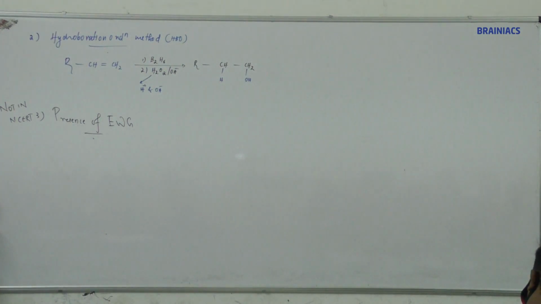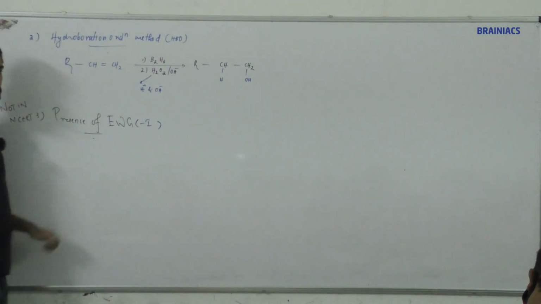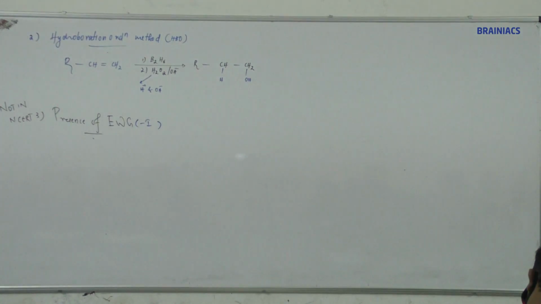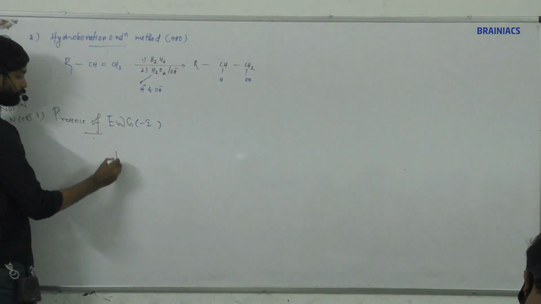The third case where anti-Markovnikov addition is observed is in the presence of an electron withdrawing group, a minus I group, and that is not in your textbook. Listen here.